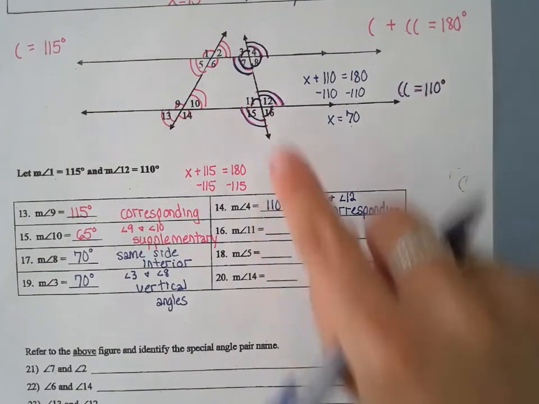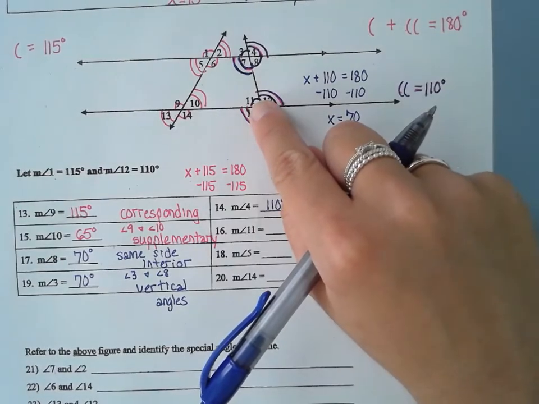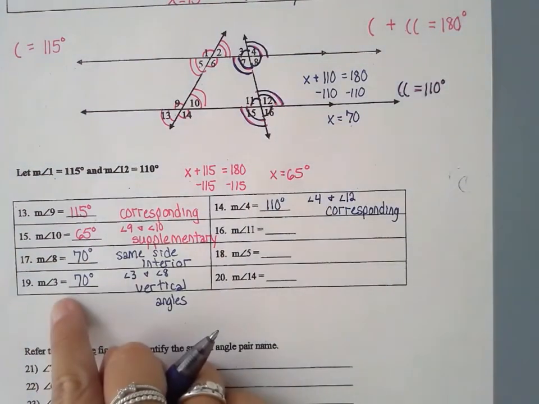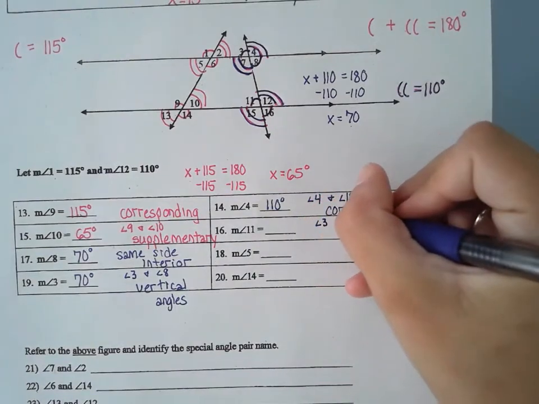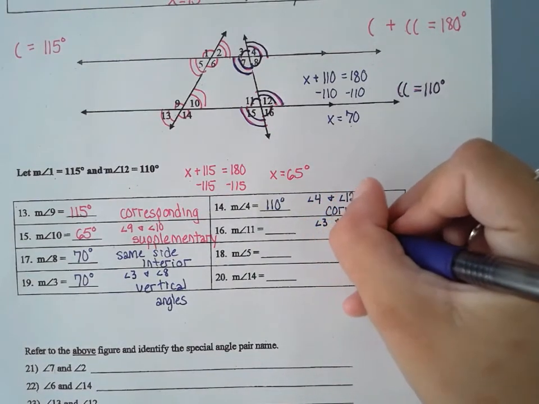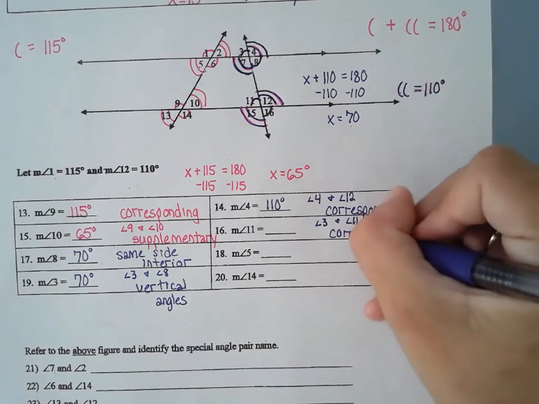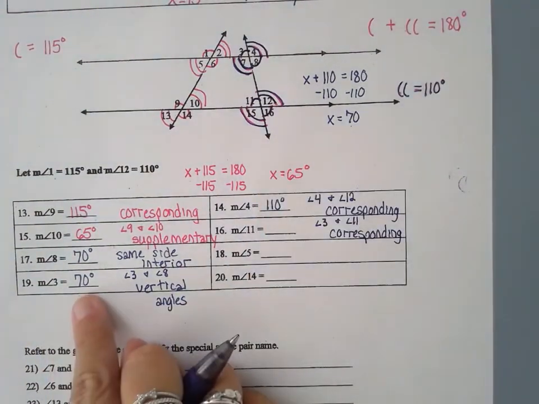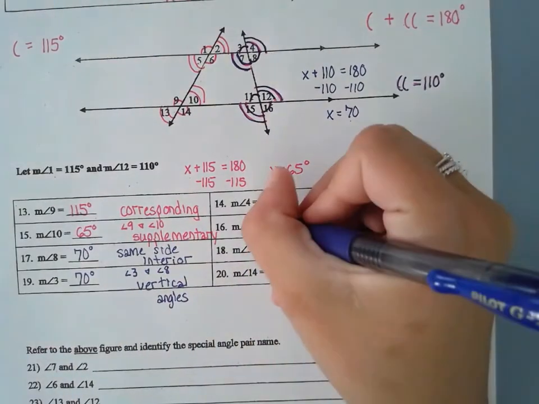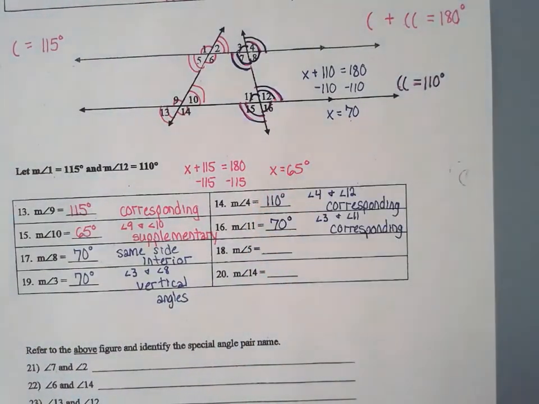Angle 11 has one congruence mark, and angle 11 corresponds to angle 3, which we've already found. So angle 3 and angle 11 are corresponding. That means that angle 3 and angle 11 must both be the same at 70 degrees.